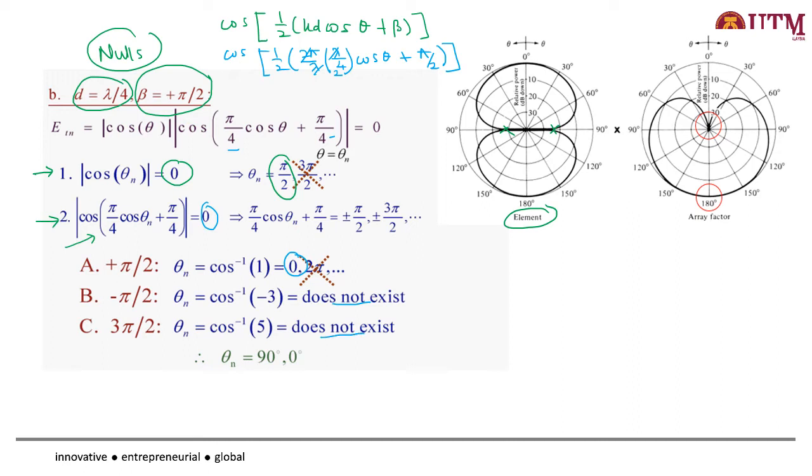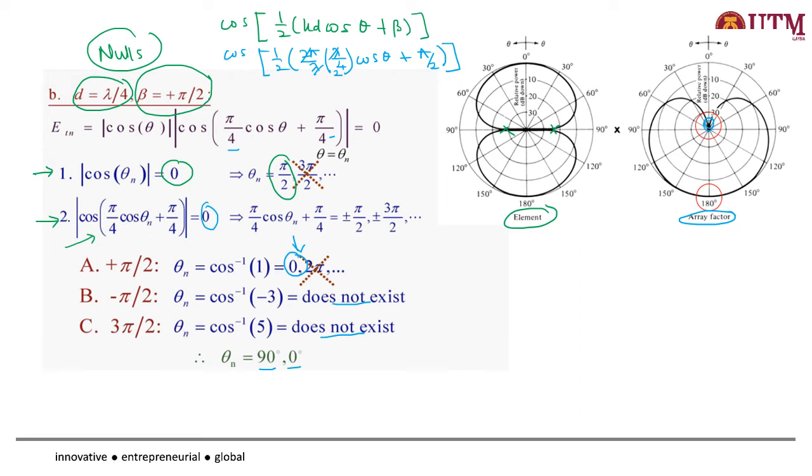So for this particular case, the nulls appear at 90 degrees and also 0 degrees. For the array factor, the second step, the nulls appear at 0.